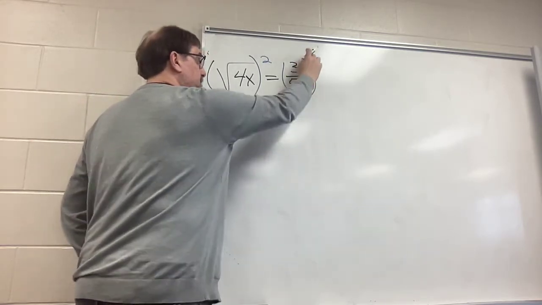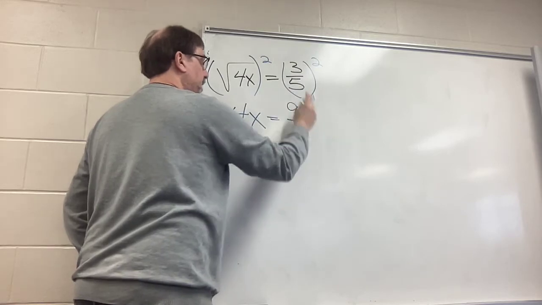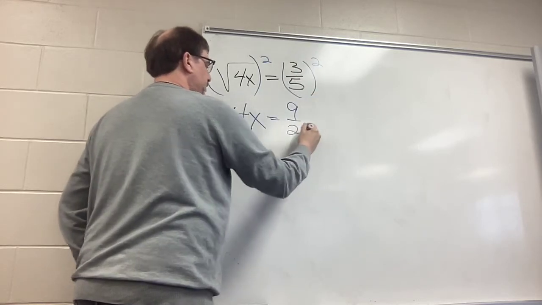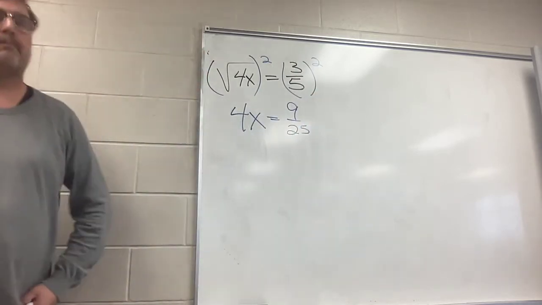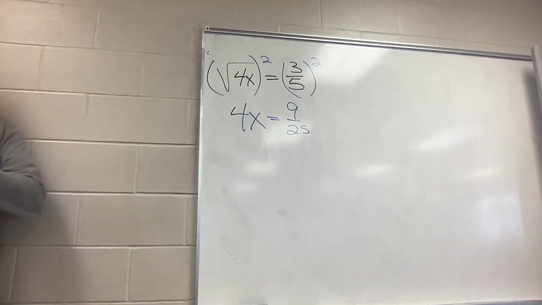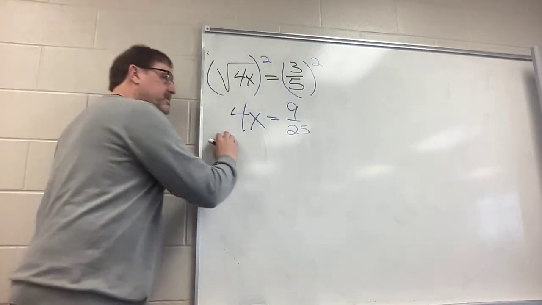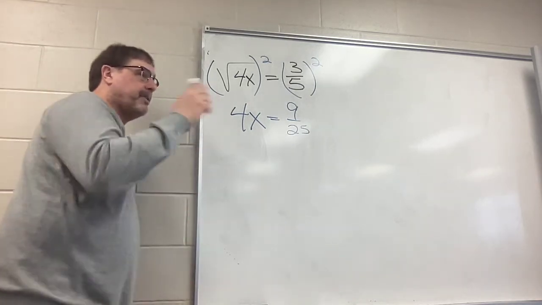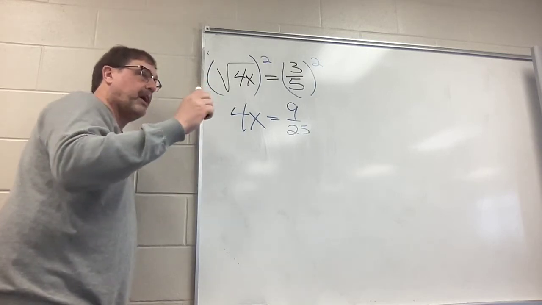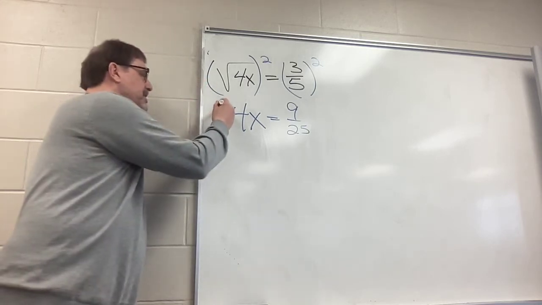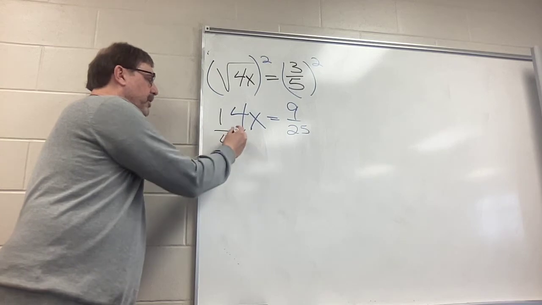Everybody gets squared, so 3 squared becomes 9. 5 squared becomes 25. Okay, I'm going to show you a shortcut. 4 times x, you divide by 4, but this is a shortcut. Dividing by 4 is exactly the same as multiplying by 1/4.